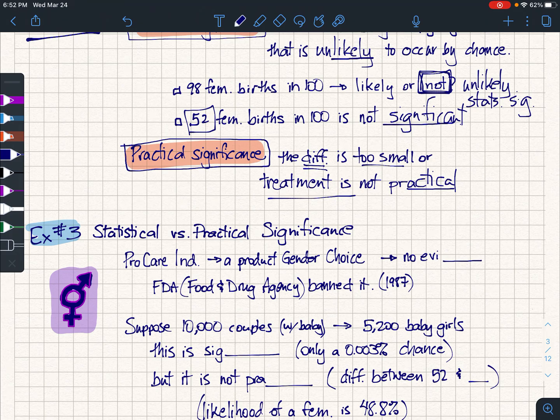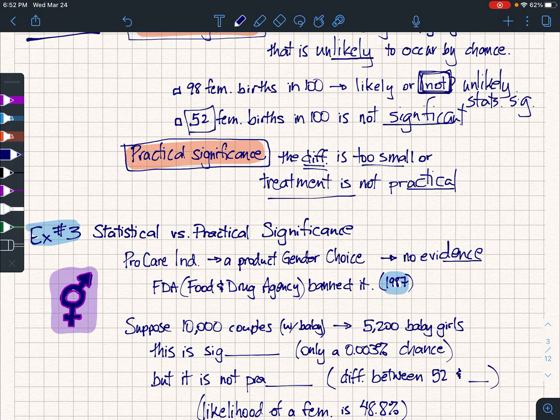Statistical versus practical significance. We have a company, and this actually happened in 1987, called ProCare Industries, and they had a product that they sold called Gender Choice. Now the FDA said there is no evidence for your product, and they proceeded to ban it. That's why the FDA exists, to make sure that things work. But they ran this with 10,000 couples, and using their product, they had 5,200 baby girls.